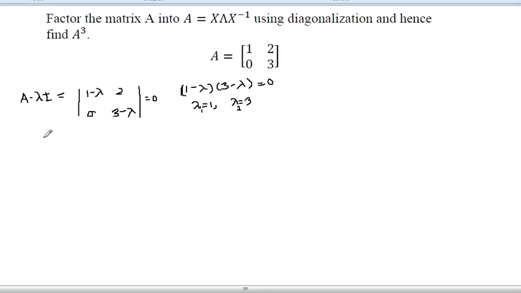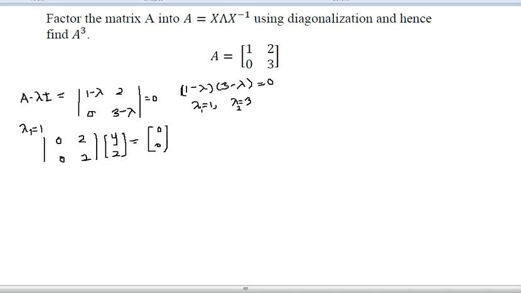So let's do it with λ1 is equal to 1. When we substitute, it becomes 1 minus 1 here, which is 0, then 2, 0, and 3 minus 1 is 2. Let's take y and z as the unknowns. This is a null space because it has to satisfy A minus λI times the vector is equal to 0.